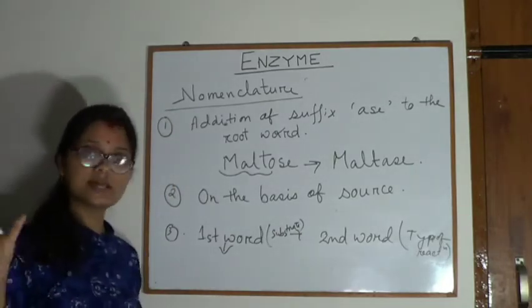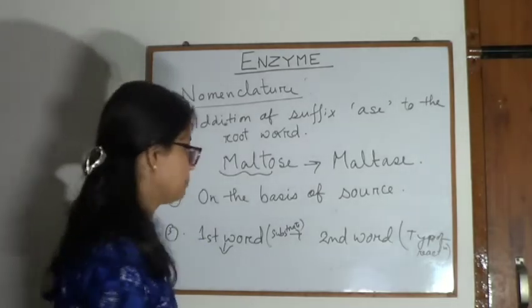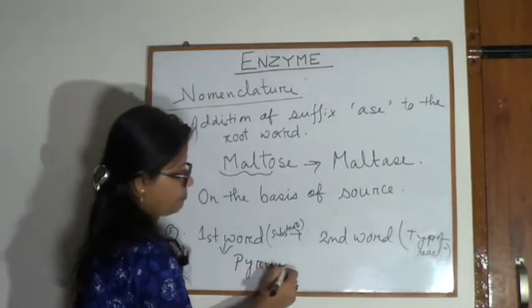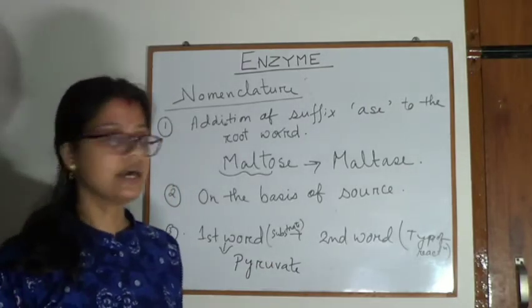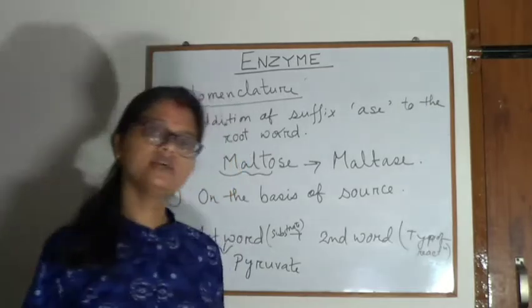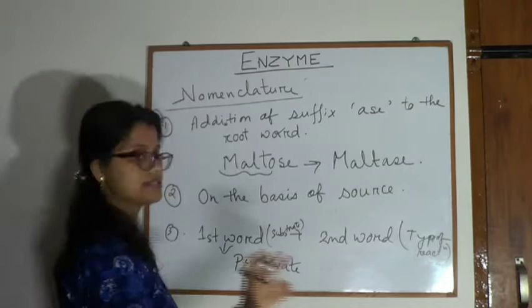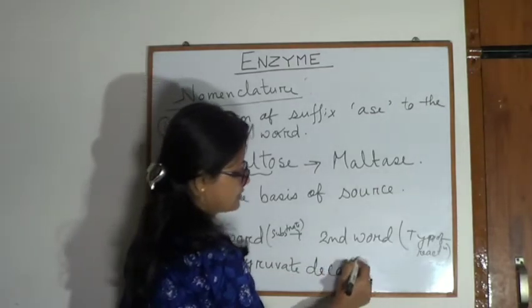The first word is the substrate on which the enzyme will work. For example, the first word is pyruvate, which is the substrate, and the type of reaction is decarboxylation. So the enzyme name is pyruvate decarboxylase.